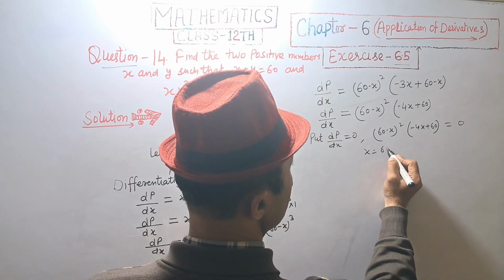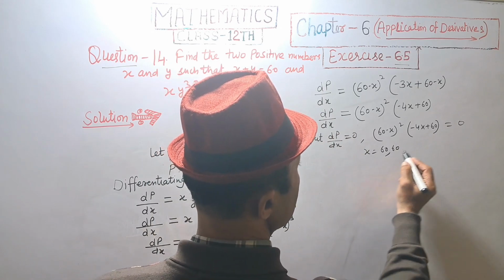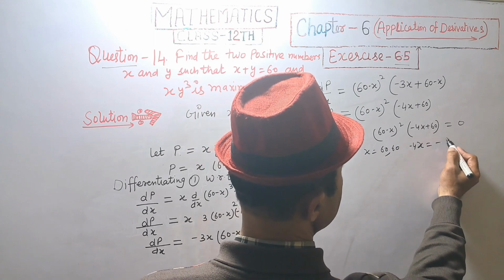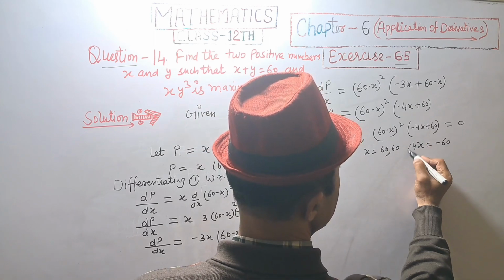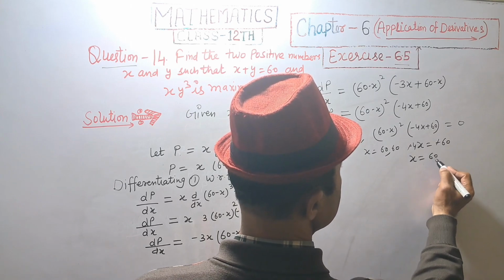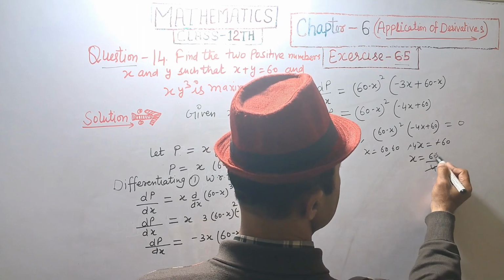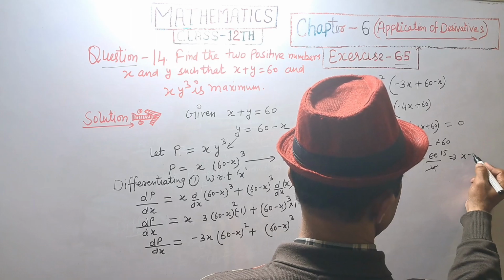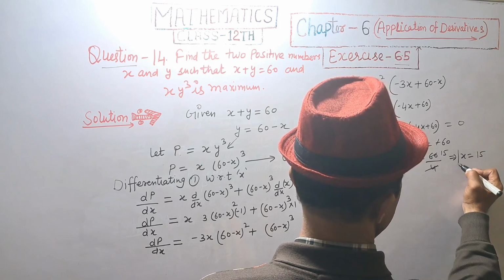Then x is equal to 60, and minus 4x plus 60 is equal to 0, so minus 4x is equal to minus 60. Minus minus is cancelled and we get the value of x is equal to 60 divided by 4, that is equal to 15.